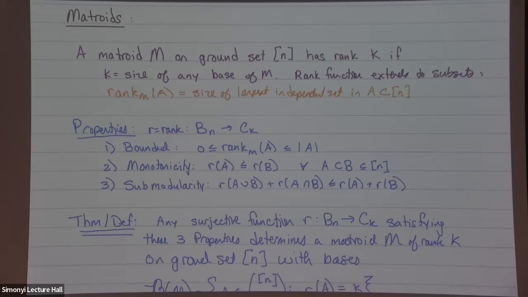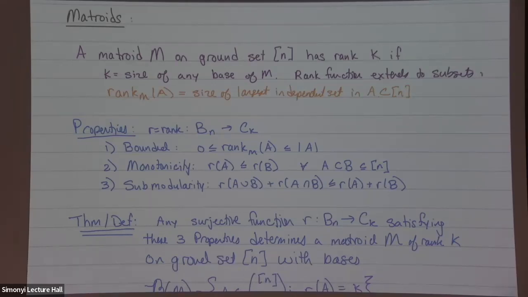That's the rank of the matroid. And you can also extend the rank function to any subset of the numbers from 1 to n. Every subset of numbers that are contained in some base will be independent. So among a subset, let's call it A, of the numbers from 1 to n, there is a unique size of the largest independent subset in there. And that'll be the rank of A in this matroid.